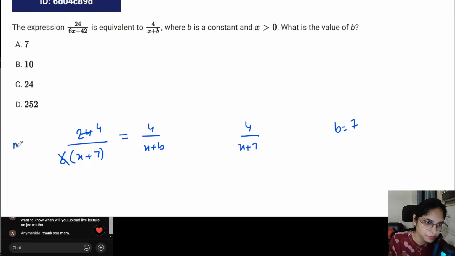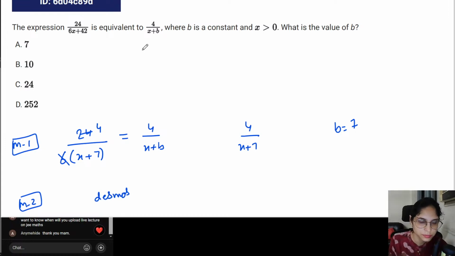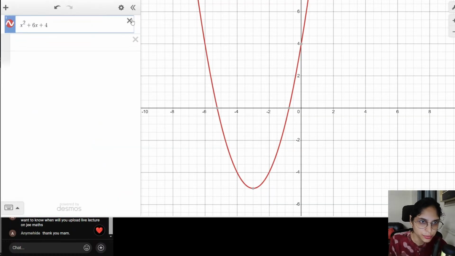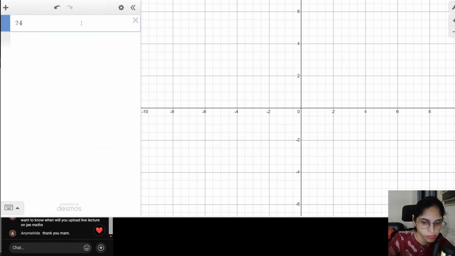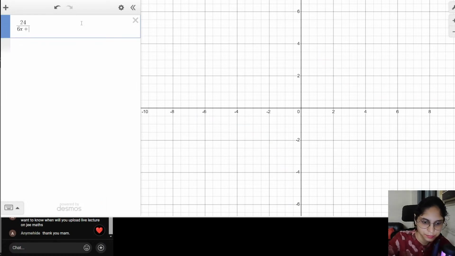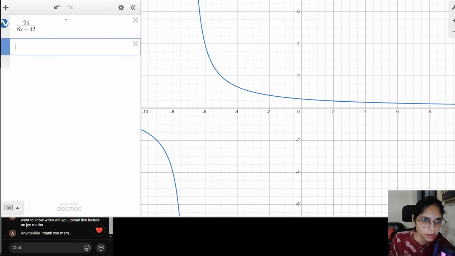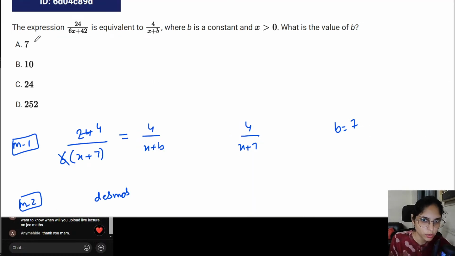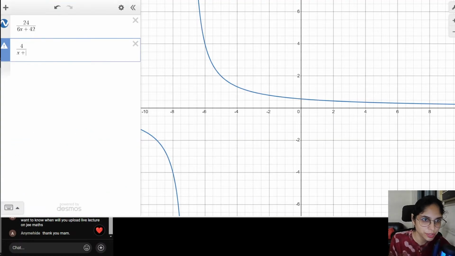Or otherwise, there's always Desmos. You write 24 over 6x plus 42. And this is 4 divided by x plus, and we just have to check all these options: 7, 10, 24, 252.